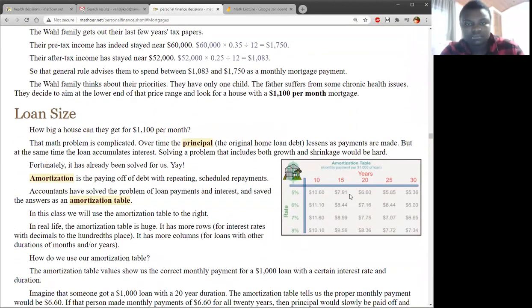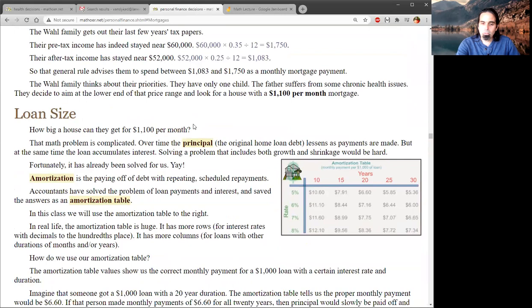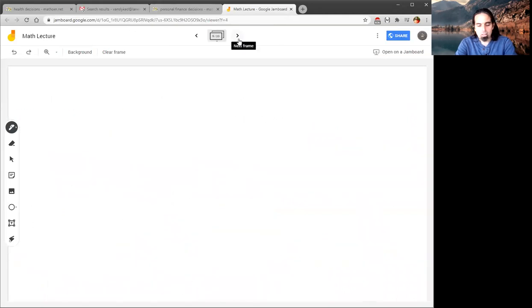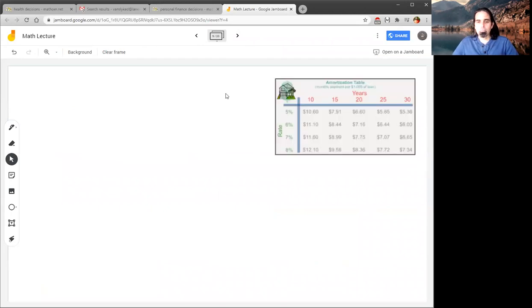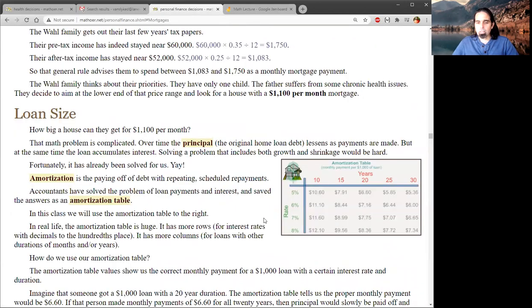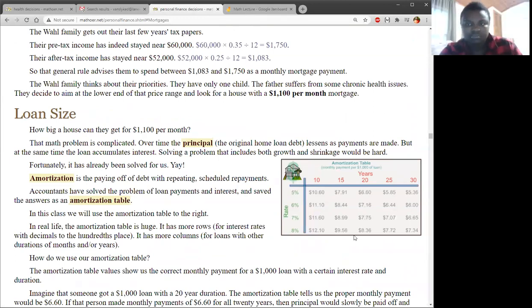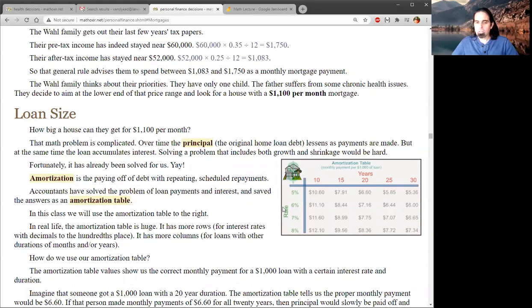Then we had this bizarre table, the amortization table. And that says if I wanted a loan from the bank for only $1,000, how much would I pay each month so that I would pay off the loan in the right amount of time? And we talked about how this is just a simple group of examples. In real life, there are a lot more rates than 4 whole numbers.